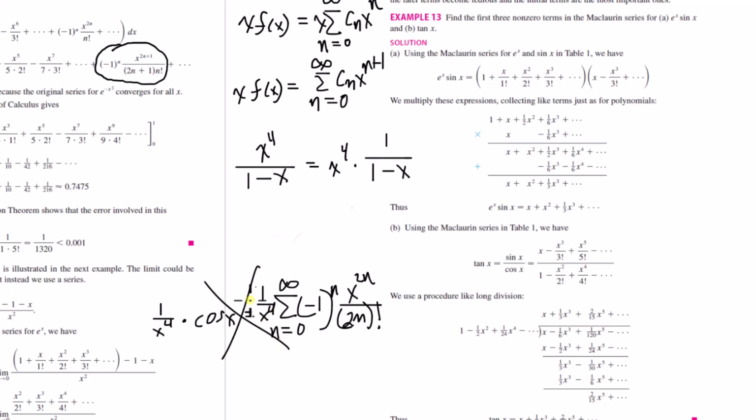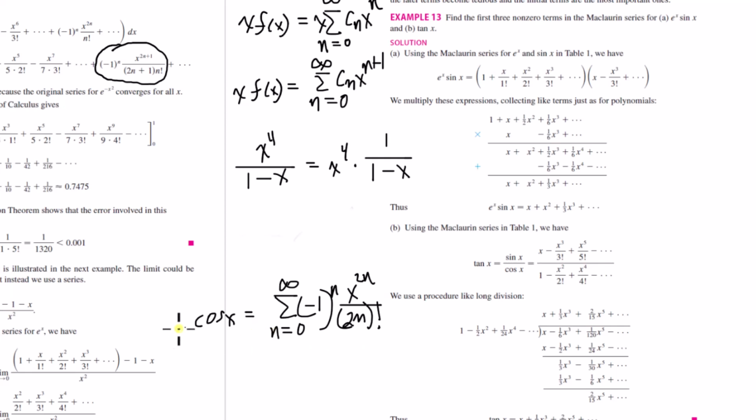No, you can't do this. And why not? Does that mean we can't multiply the power series by 1 over x to the 4th? No, we just showed the mechanics of doing that. You can do that. However, the problem is the power series being equal to its function. We proved that cosine of x is equal to this.